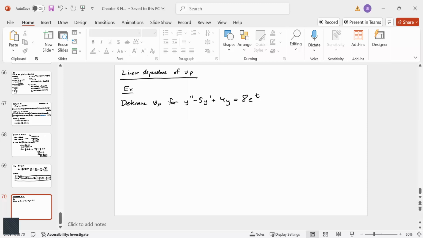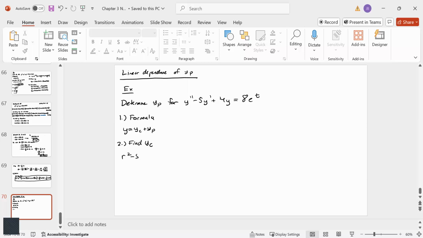Now, no matter what problem you're doing, you will almost always have to find the complementary solution, because in order to get the correct particular solution, you have to know what the complementary solution is doing. So step one is still going to be formula. No matter what the context is, let's always write this down. It tells us there are two parts to this problem. Step two, find YC.